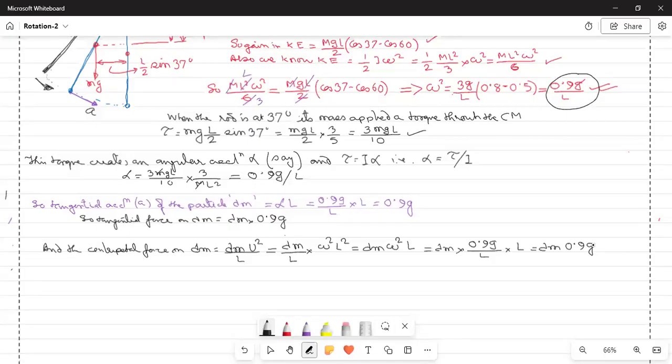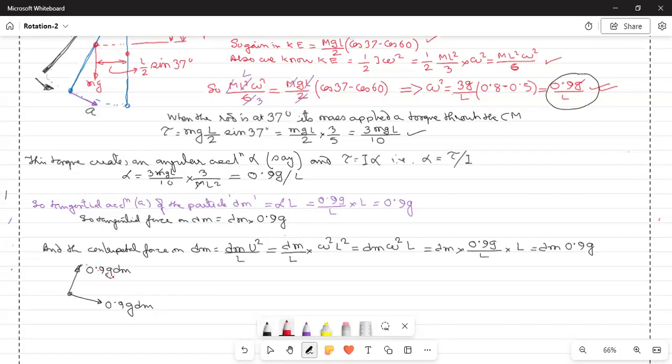So there are two forces on this particle. One force is a centripetal force, 0.9 g dm. There is another, tangential force, which is incidentally the same value, 0.9 g dm.